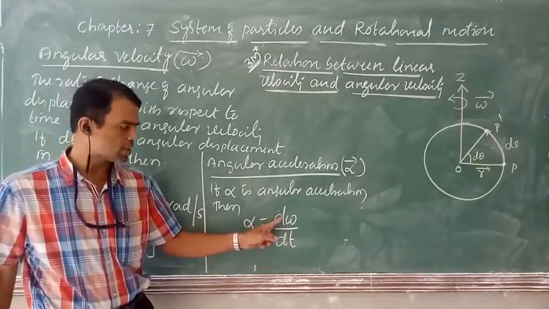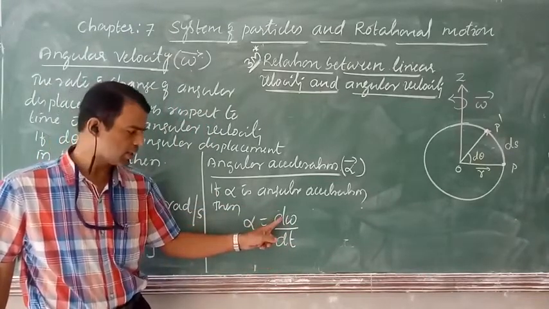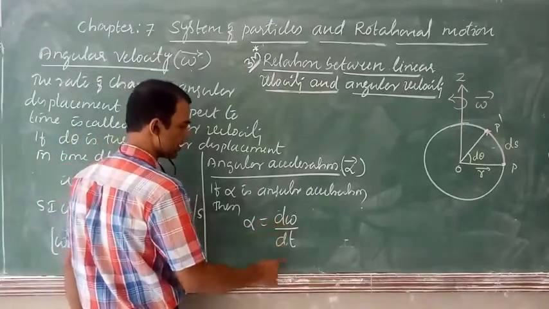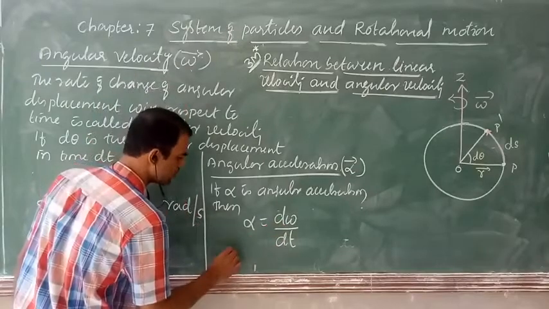If d omega is the change in angular velocity in a time dt, then alpha can be written as d omega divided by dt.